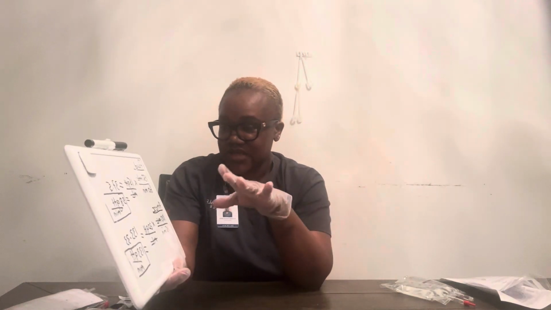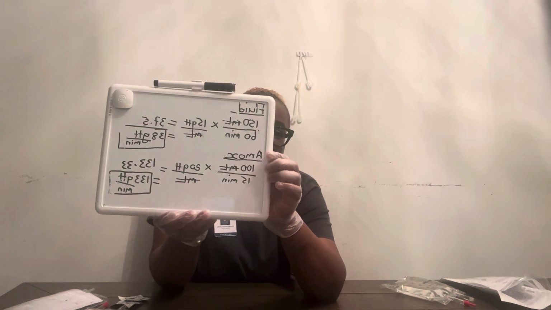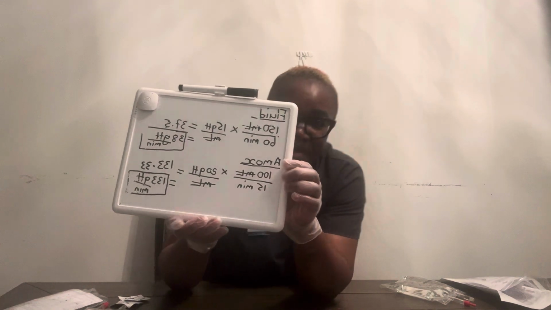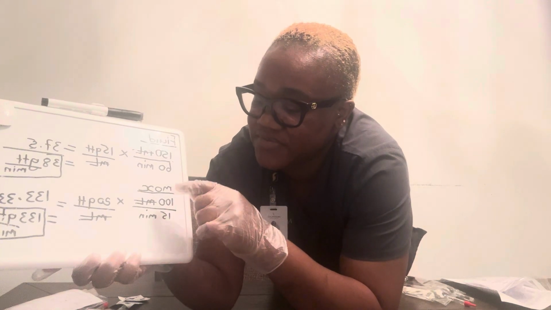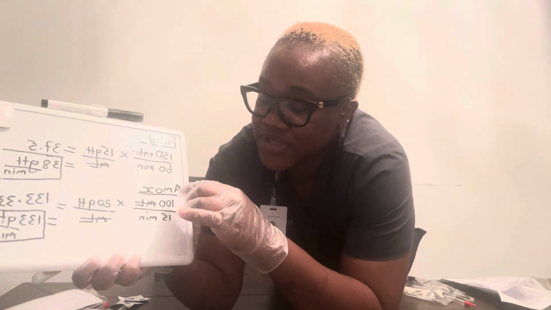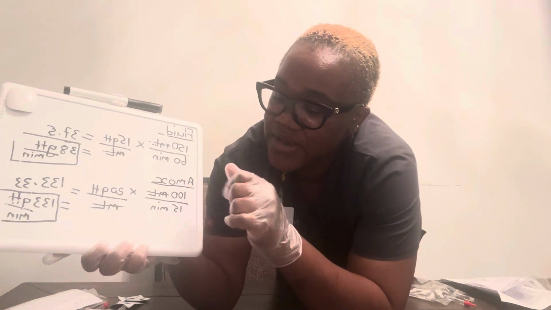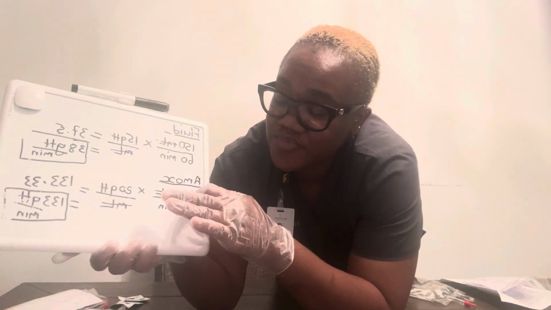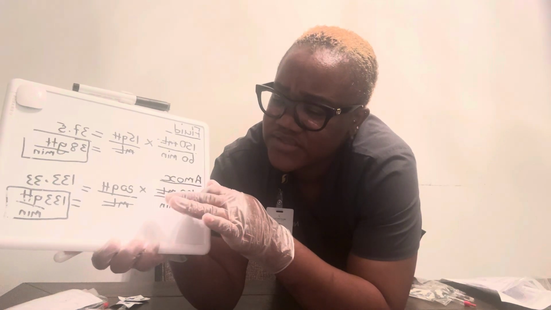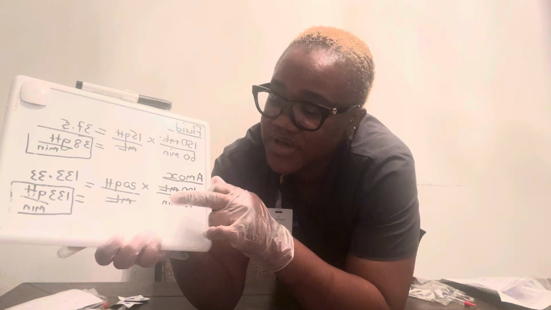For the secondary, the amoxicillin, this was ordered in 250 milligrams, I'm sorry, but it is supplied in 100 ml, and this is to run for 15 minutes, and it's supposed to be infused at 20 drops per ml.